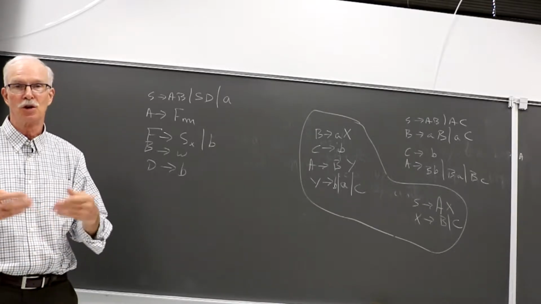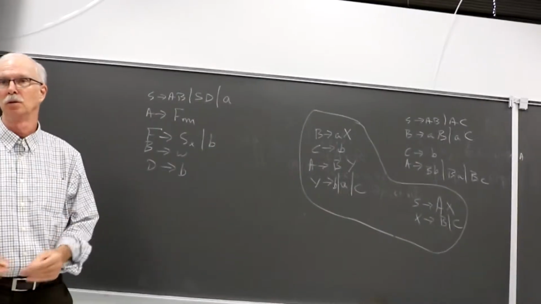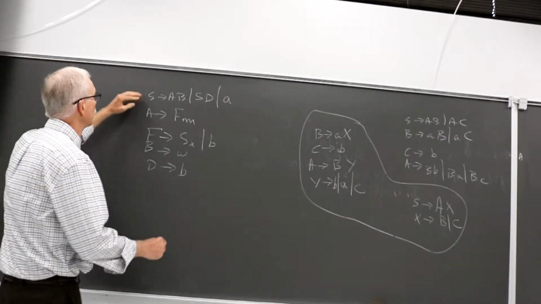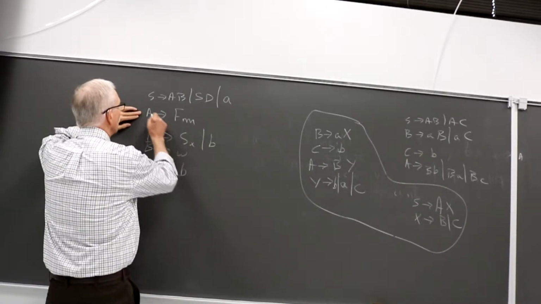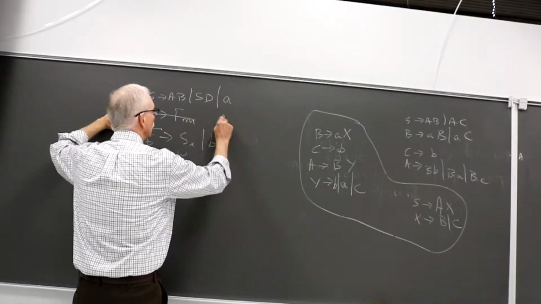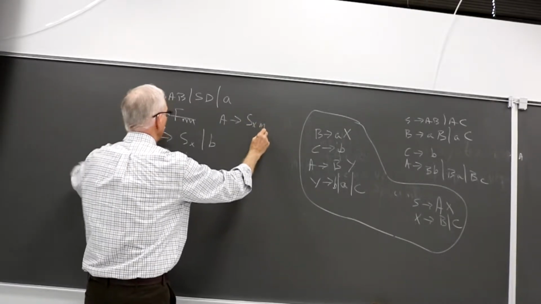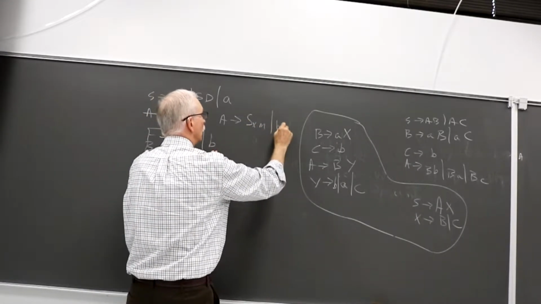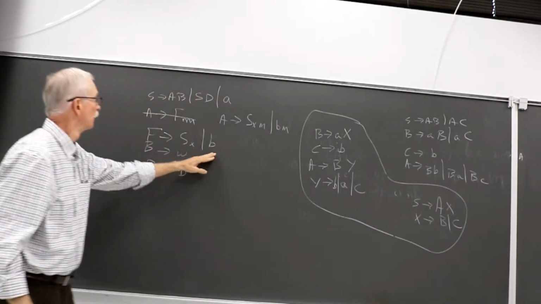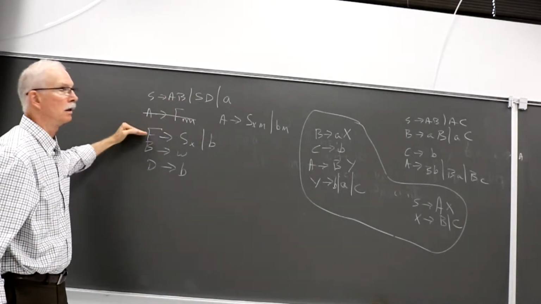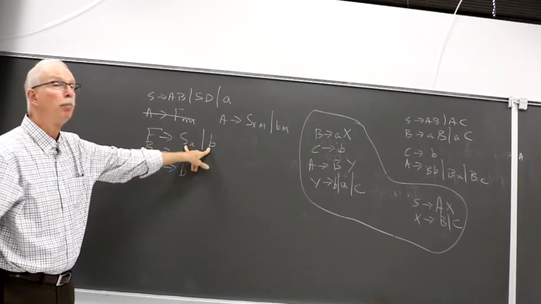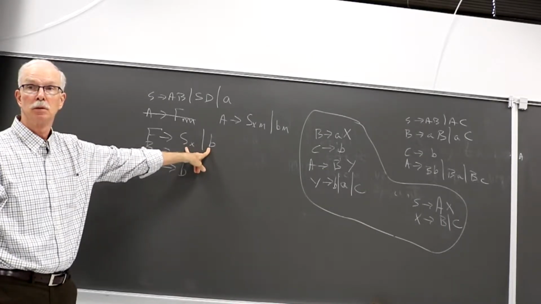So I want to do the non-immediate stuff first. So I'm going to rewrite A goes to SXM or BM. So if I put F in here, I got to put both of F's in there.